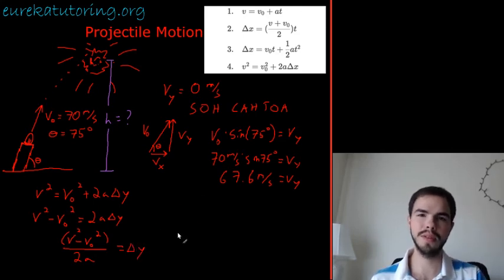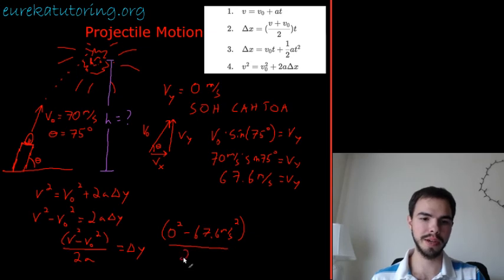Okay, let's plug in our values and see what we get. Our v final is going to be 0 squared. We're going to subtract our 67.6 meters per second from that, and square that. Then we divide by 2 times our a value, which in this case is negative 9.8 meters per second squared.